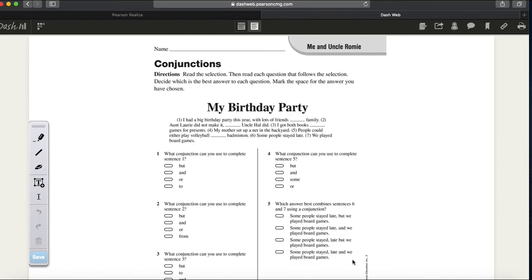We should use the comma before the conjunction. So it's either the first one or the second one. Which one of you say the first and which one of you say the second? So the correct answer is the second. Some people stayed late and we played board games, because here we add information. I'm not comparing, I'm not showing difference, and I'm not choosing either.